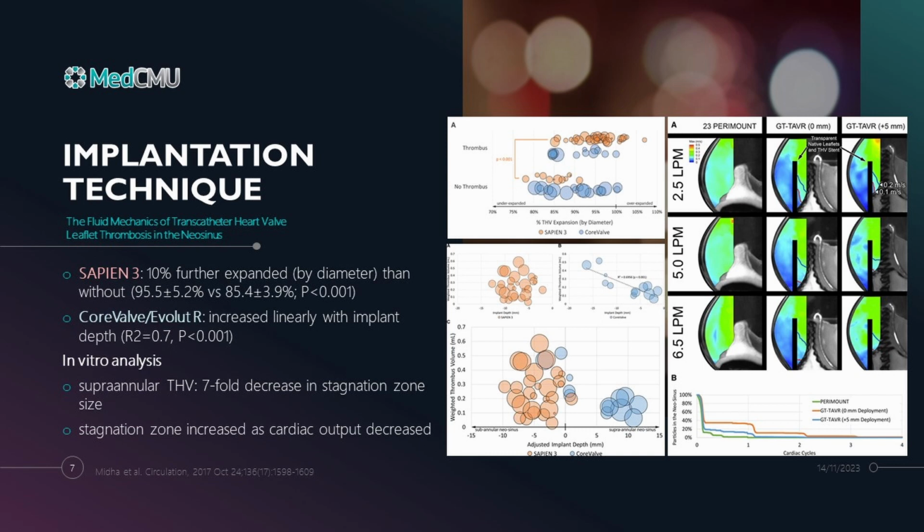For the CoreValve and Evolut R, it does not depend on the expansion, but mainly on the implantation depth. And from the in vitro study, the supra-annular size has a 7-fold decrease in the stagnation zone size, and the stagnation zone increases as the cardiac output decreases.